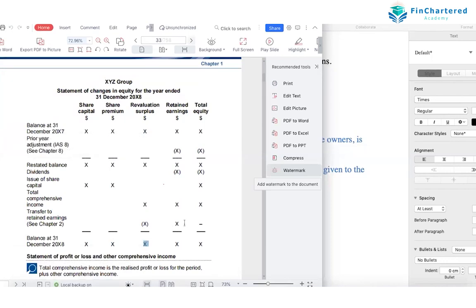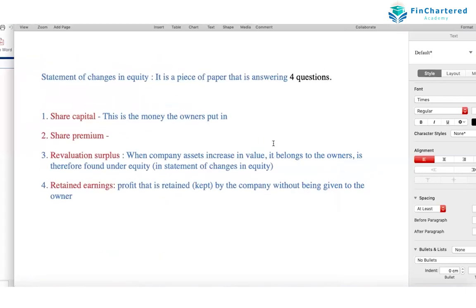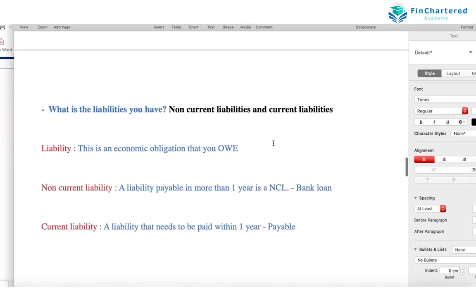What is the balance in 2008? Finally, retained earnings. What was it in 2007? What is it in 2008? And again, as I said, this is a financial statement. There are so many people looking at it, so you cannot do it as you want. You will follow this format. So with that, we've looked at statement of changes in equity.